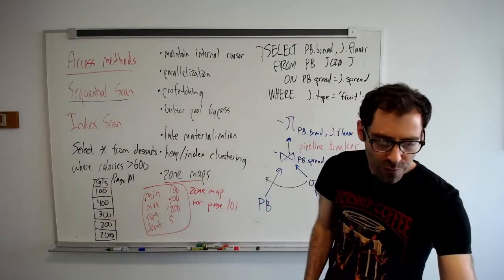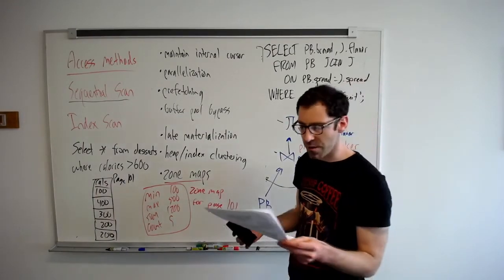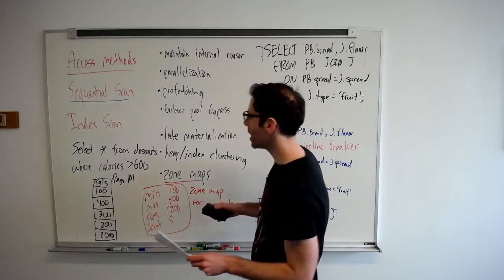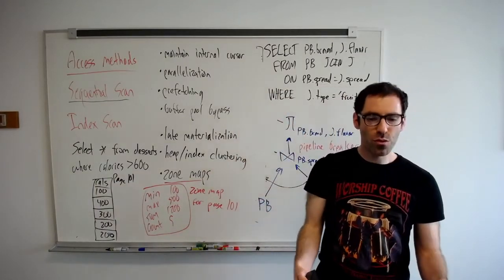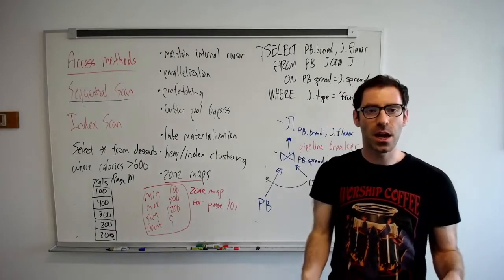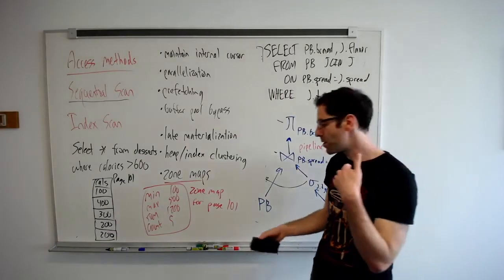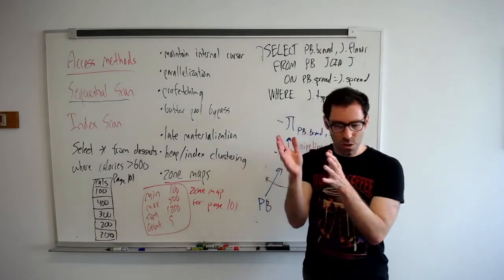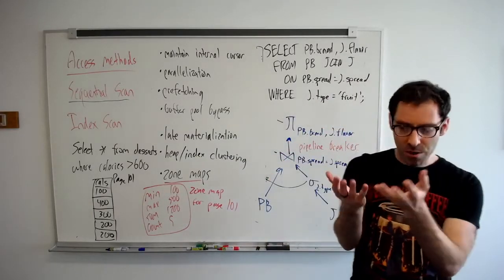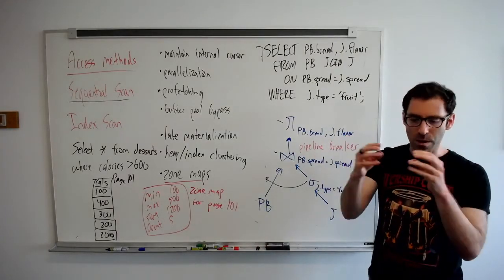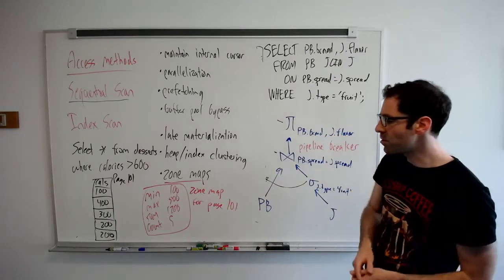Databases will often use an index scan if an index is available, and this just means scanning through the entries in a particular index. Since an index often doesn't have full tuples, it has some particular search key, or maybe multiple attributes combined into a single search key.